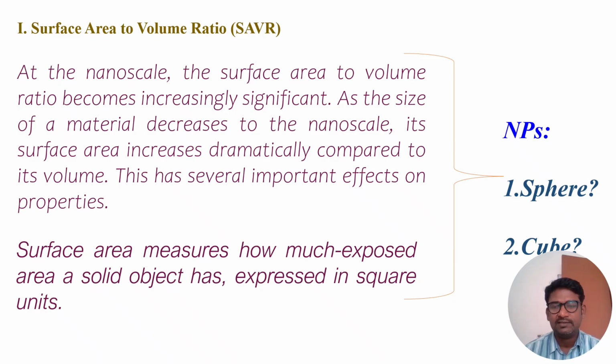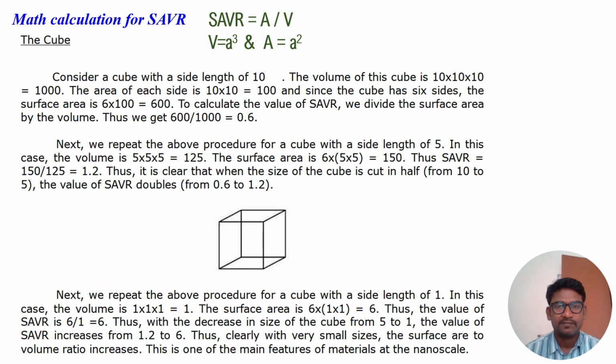I'll first explain the sphere. Yes. So this is the mathematical calculation for surface area to volume ratio for a cube. As we all know, the formula is A by V, where V is equal to a cube and A is equal to a square. This is volume, this is area.